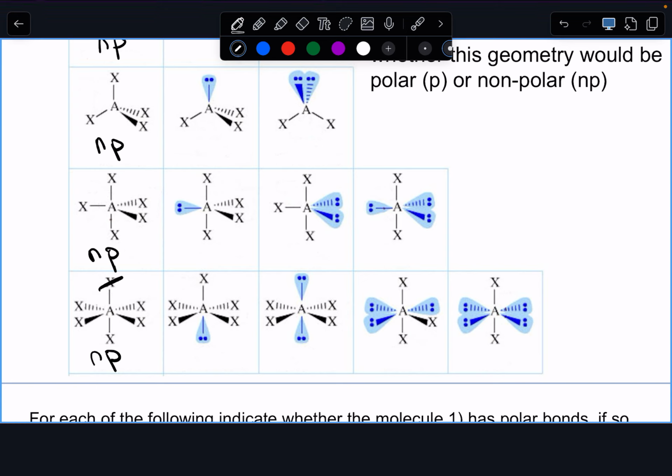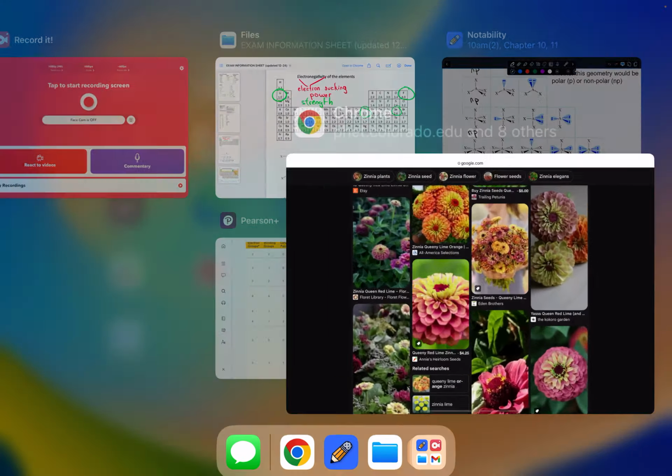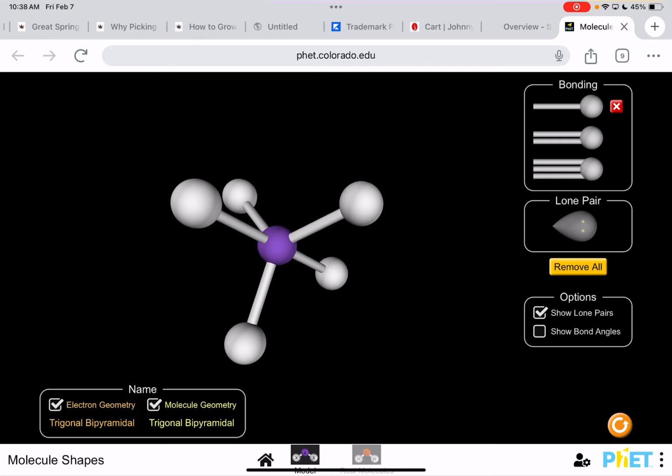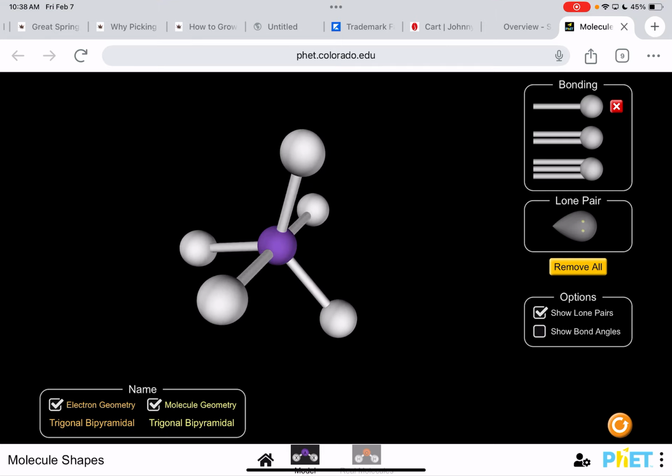Obviously, this is not true if I replace one of those X's with a Y. They all have to be equivalent bonds. But the fact that they orient themselves the way that they do to separate themselves as much as possible means that those bonds are oriented in a way to cancel each other out. So we'll just look at 5 and 6 groups. So here was 4. Here is 5.